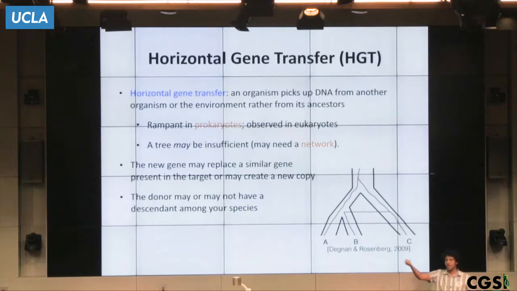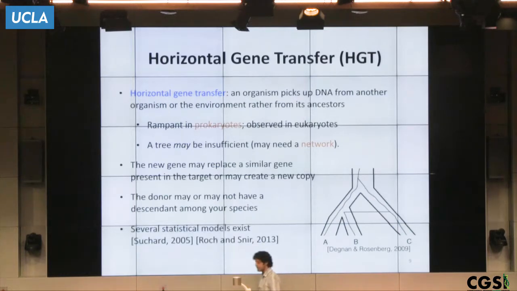But a lot of times, whoever donated this genetic material is either extinct, meaning we don't have any descendants from that branch, so you can't draw these nice lines from one branch to another, given your current phylogeny. Or it might not even be extinct, but you just haven't sampled it, right? So you could have dangling transfers from an unknown source. And so modeling that is difficult.